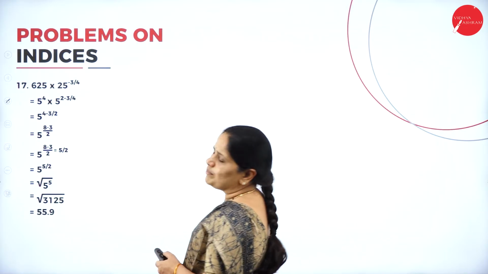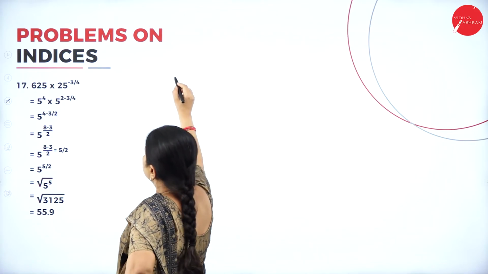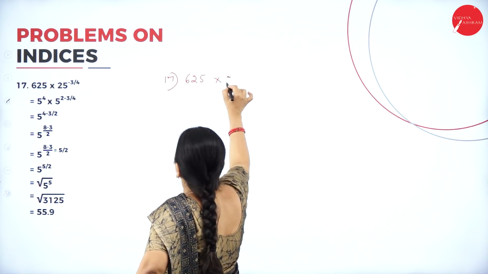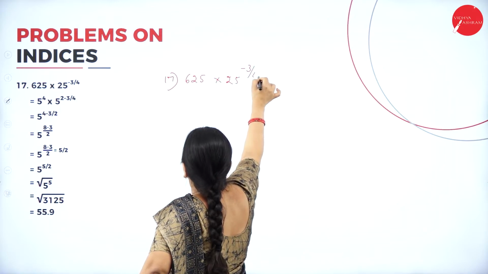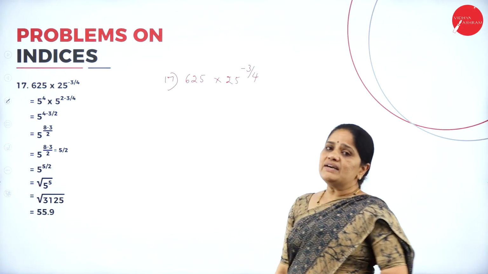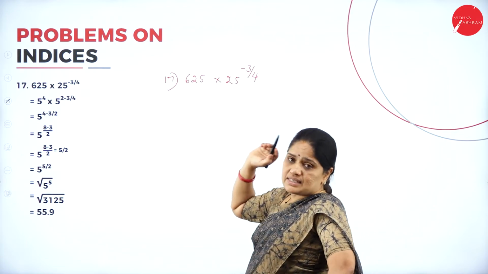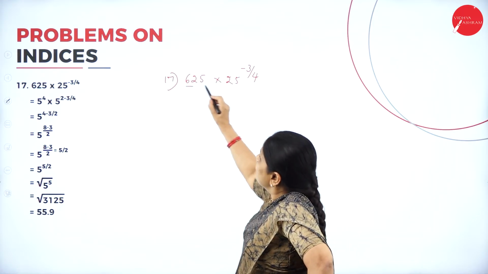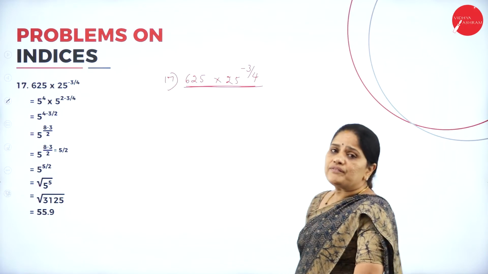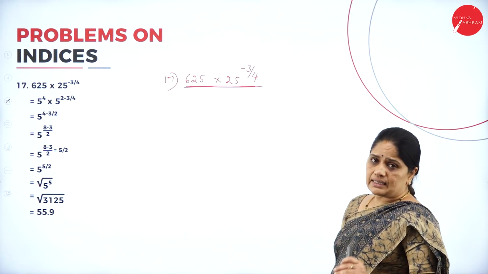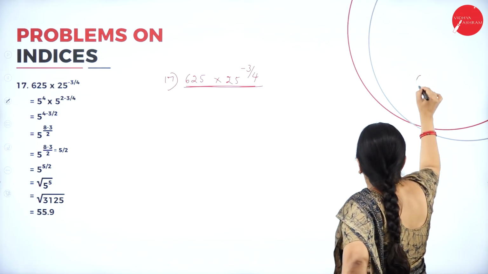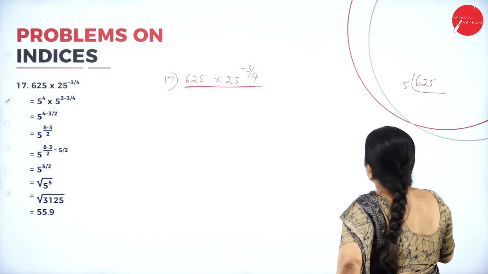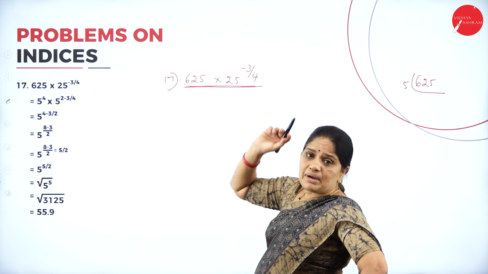Now, the next problem here. What is the next problem given? The 17th problem is 625 into 25 to the power of minus 3 by 4. See, whenever an expression of a very big number is given, we should try to write it as a common expression. Whenever we are given expressions of this type, we have to see that both the bases are the same. Now, 625. So, 625 is the number. I'll just try to write it as the power of 5 because the last number is 5. It is a multiple of 5.